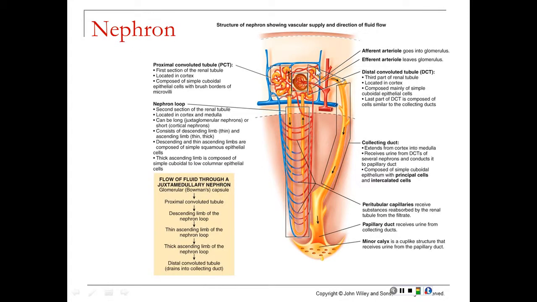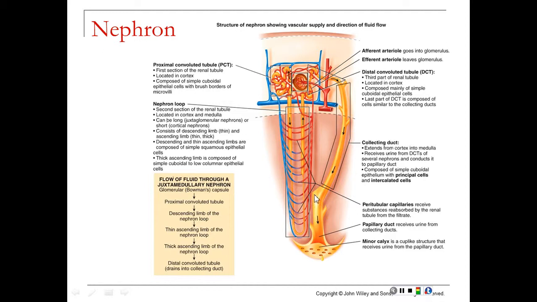The distal convoluted tubule is kind of the last stop before the filtrate begins to go into what's called the collecting duct. So the distal convoluted tubule is right here. It leads into something called our collecting duct. The collecting duct. This is actually the last call for substances leaving the filtrate. They're finalized in this collecting duct.